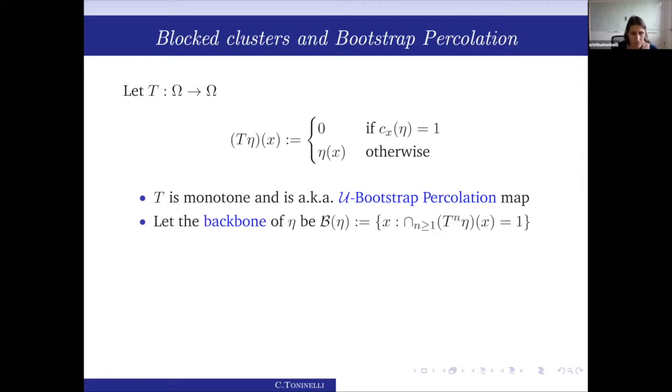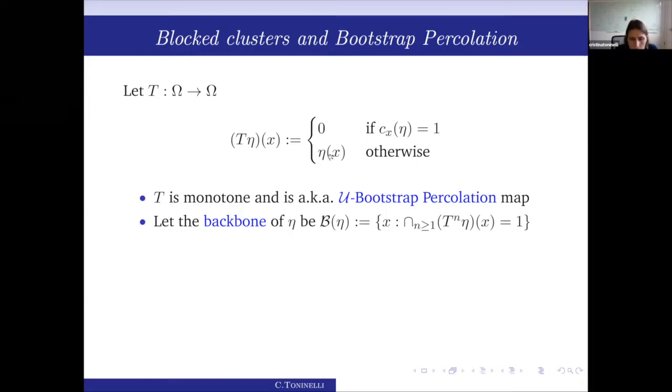And then I can apply this map iteratively. So I apply the Bootstrap map, and then I reapply the Bootstrap map to the obtained configuration, and so on and so forth, until reaching either a configuration which is completely empty, or a configuration which contains a backbone of sites which are occupied, but which can never be emptied because they are mutually blocked by the constraints. Okay.